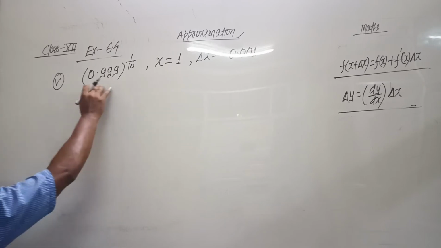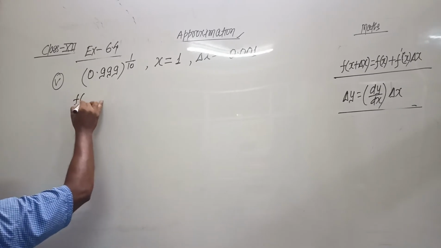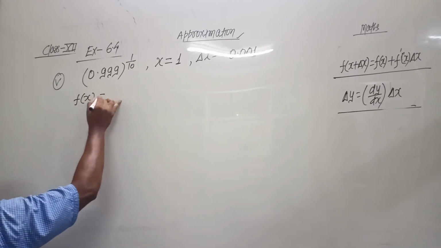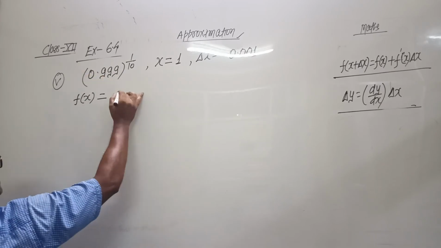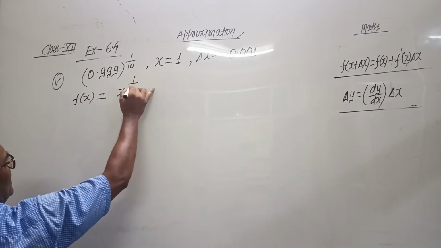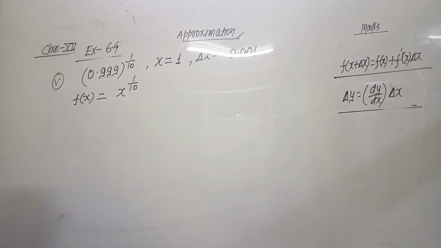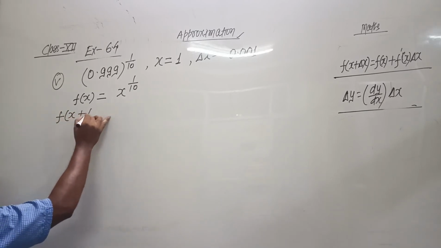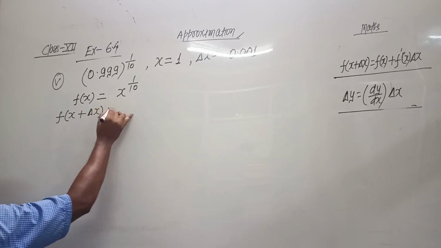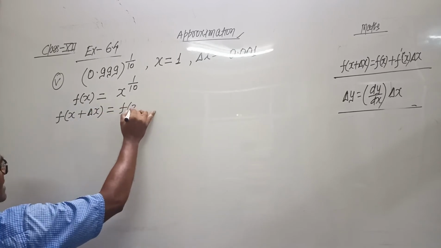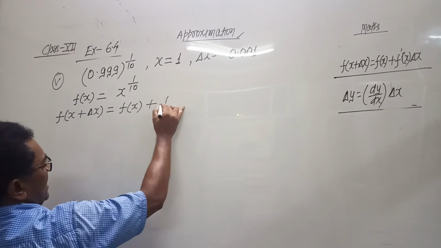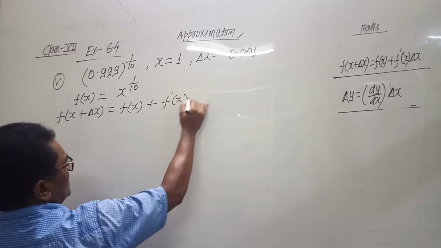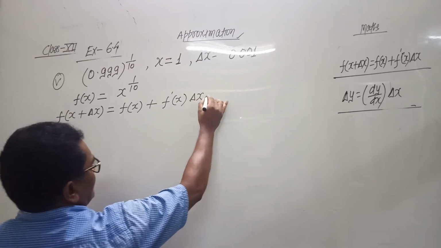Then we have to assume the function f of x equals x raised to the power 1 by 10. Then we write the formula f of x plus delta x equals f of x plus f dash of x into delta x.